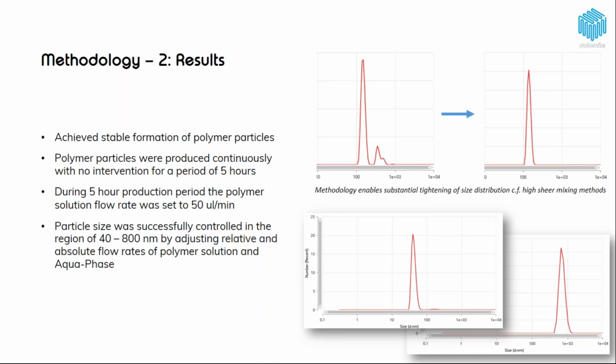Another thing it does is, because we've got precise control over the flow rate of the aqueous solution and over the flow rate of the polymer solution, we can increase the size range of the particles available. So we can precisely generate 500 nanometer particles, 400 nanometer particles, or in this case, we're showing 50 nanometer particles and all the way up to 800 nanometer particles. It's a very flexible system for the range of particle sizes that you'd like to generate.